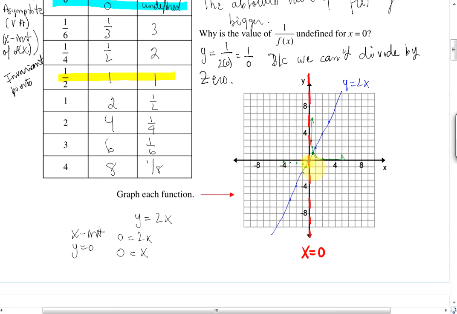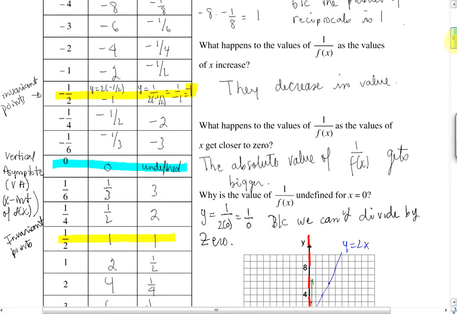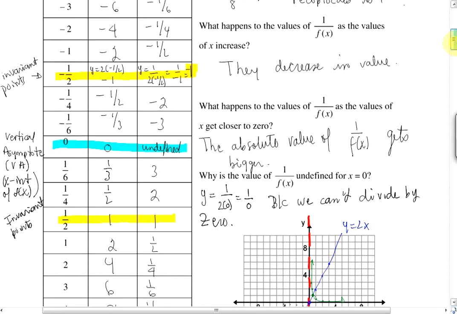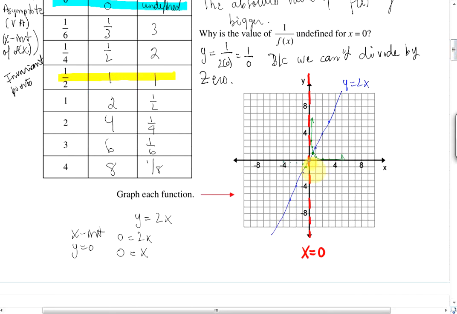Then we're going to be at, what was it again? We're going to be at -1/4 and -2. So -1/4 is around here, and -2, and then our next point will be around here. And look, we get something that looks the same, but in the third quadrant.